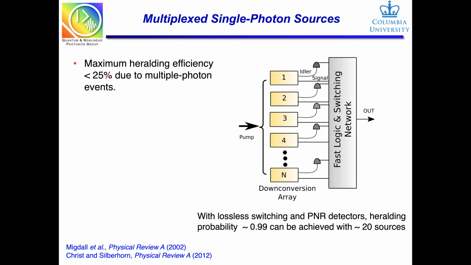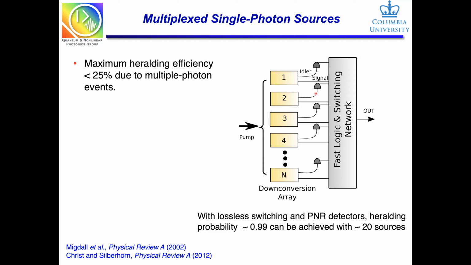As I mentioned, you don't want to keep turning up the pump because then there's a probability of getting 2 photons. So that limits you to a maximum heralding efficiency, before you begin getting these 2 photon effects, of about 25%. That is, if you turn up the pump, there's a 25% chance that a photon will be there. So what you do is just multiplex. Take a whole bunch of these single photon parametric sources and just wait.